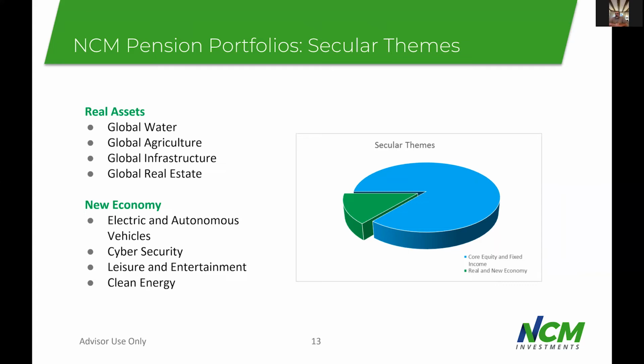here that's represented, into what I call our real and renewables, which is the global water, global agriculture, global infrastructure, and global real estate, and also into the long-term growth ideas that are embedded in what I think is called the new economy, and is showing long-term secular growth themes, and that's in electric vehicles, cyber securities, clean energy, and then something we call leisure and entertainment, which focuses on electronic games and things like that.